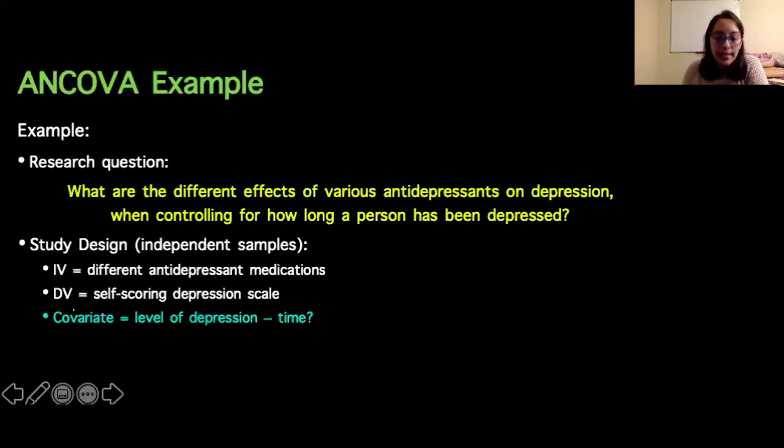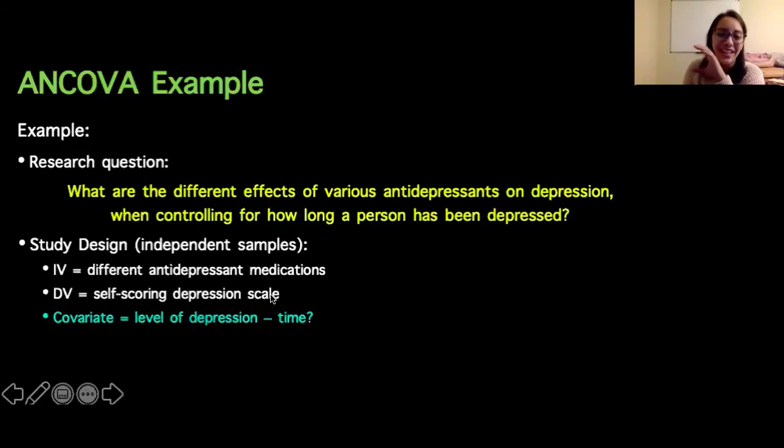Our dependent variable would be their depression. So we would give them a survey or a test that identifies what types of symptoms they have, whether they're behavioral, cognitive, motivational, etc. So we'd give them a self-scoring depression scale and they get a depression score.